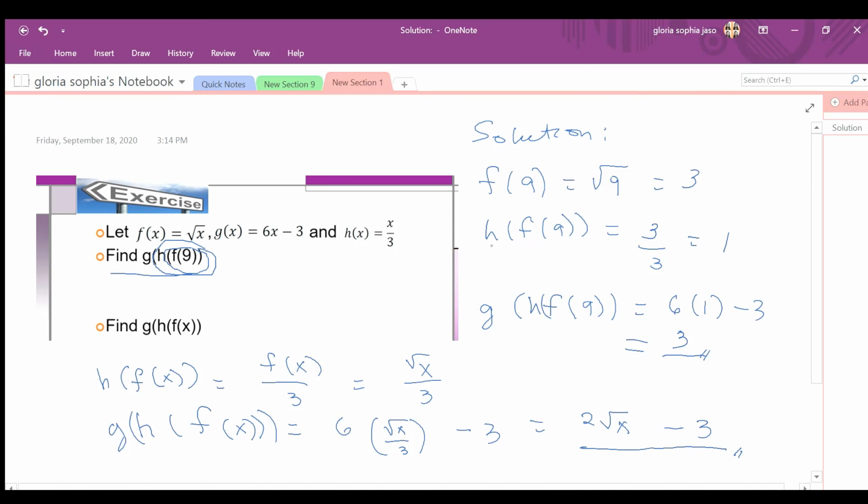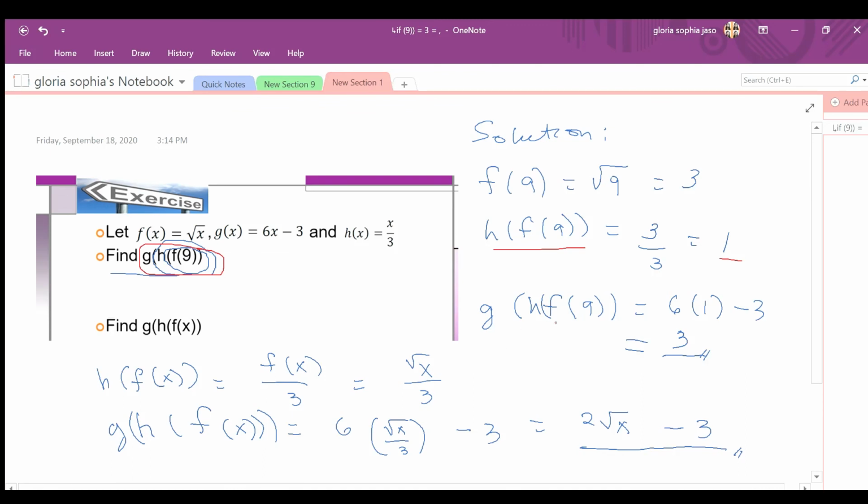So, ngayon, class, alam na natin yung h of f of 9 natin. Okay, so at ito yung class, 1 siya. Okay? So, ngayon, gagawin na natin yung pinakalast. Ayan, si g of h of f of 9. So, since alam na natin si h of f of 9, substitute na lang natin.